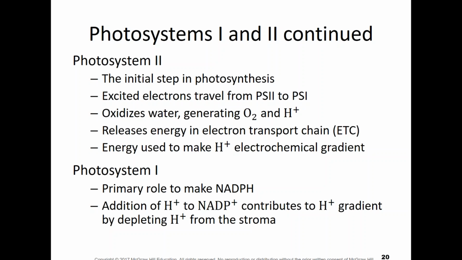Electrons bounce down that chain, and as they bounce down the chain, they energize these transmembrane proteins to pump hydrogen ions into the inner lumen of the thylakoid. Okay, there's an electrochemical gradient that's set up.